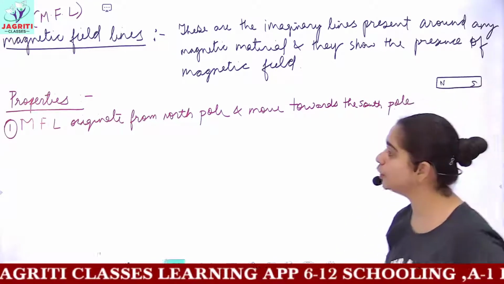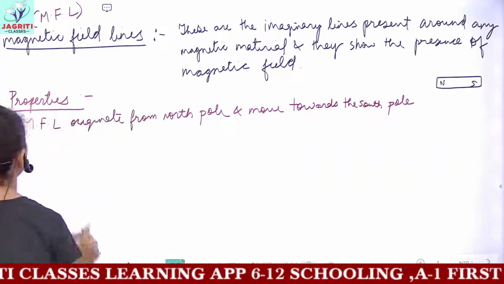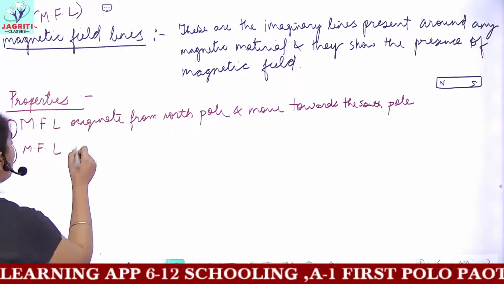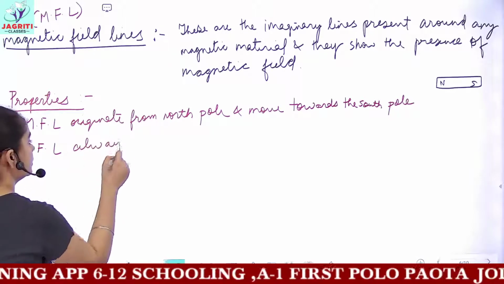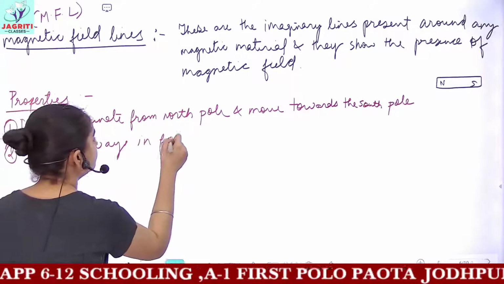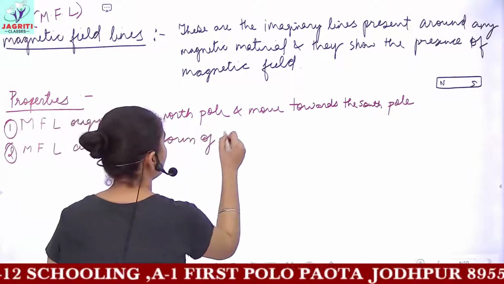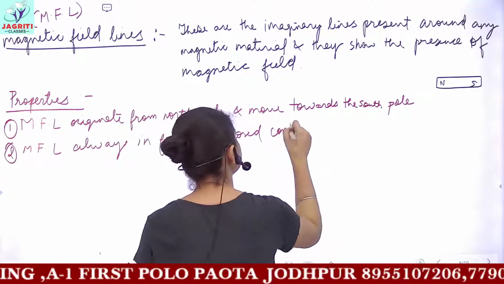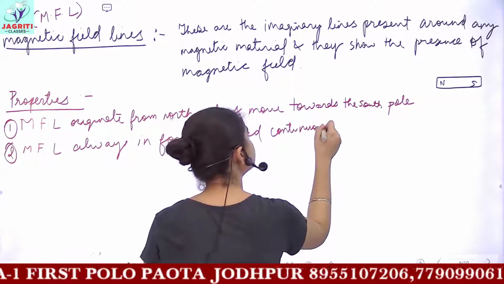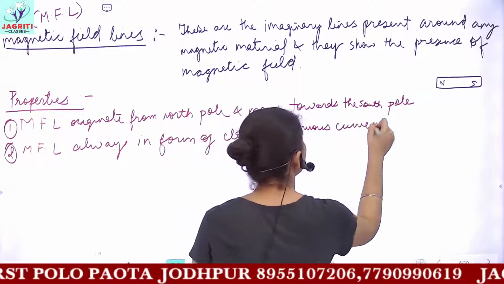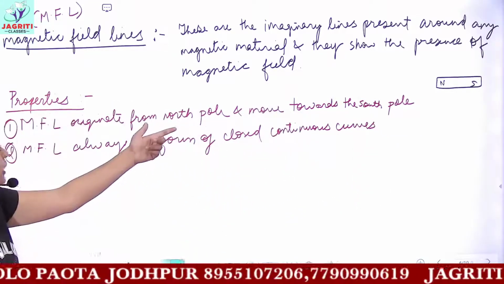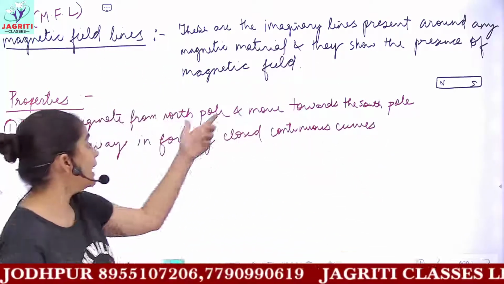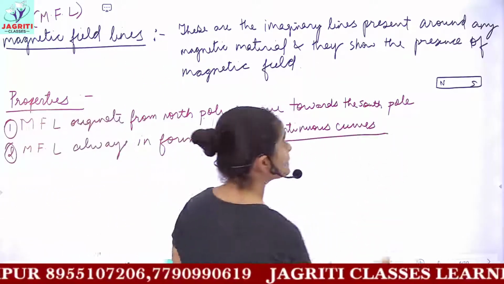Then the next property of magnetic field lines is, these magnetic field lines are always in the form of closed continuous curves. So this is again very important, that the magnetic field lines start from north and move towards the south pole, and these are closed continuous curves.